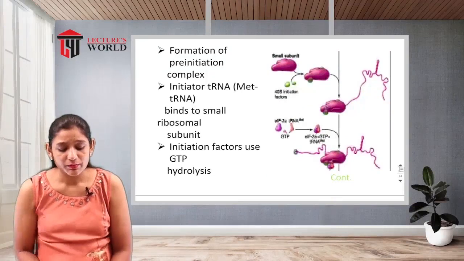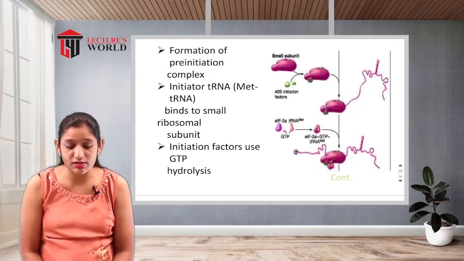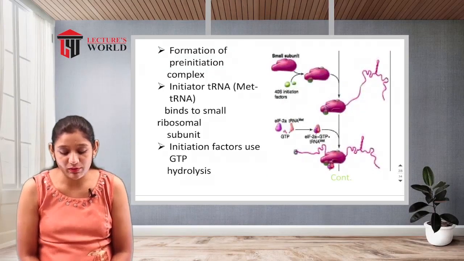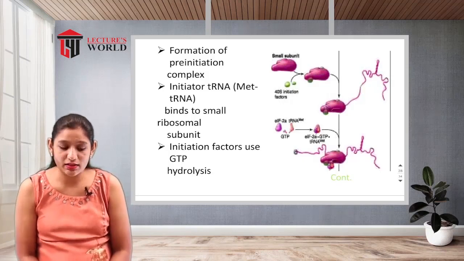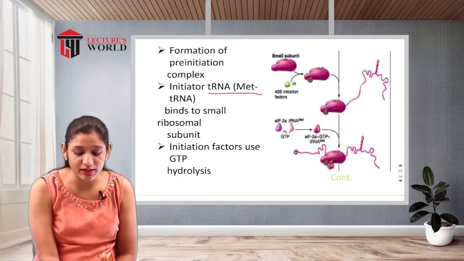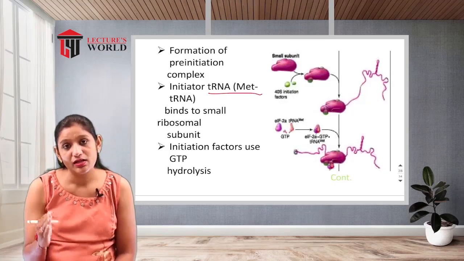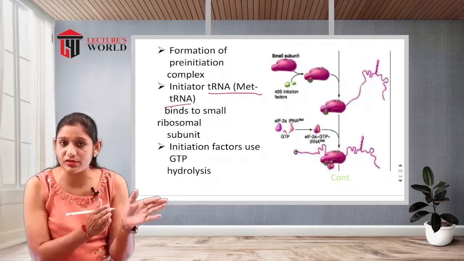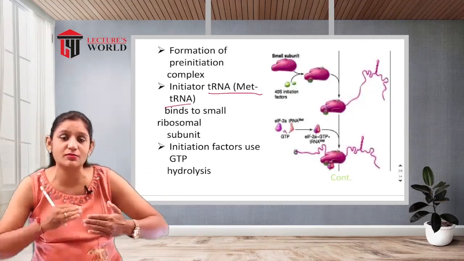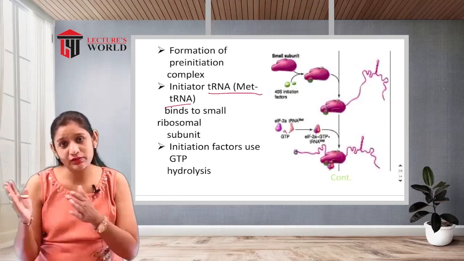Formation of the pre-initiation complex. How does the formation happen? The first initiator tRNA is required, the methionine-related tRNA, which binds first through its anticodon.